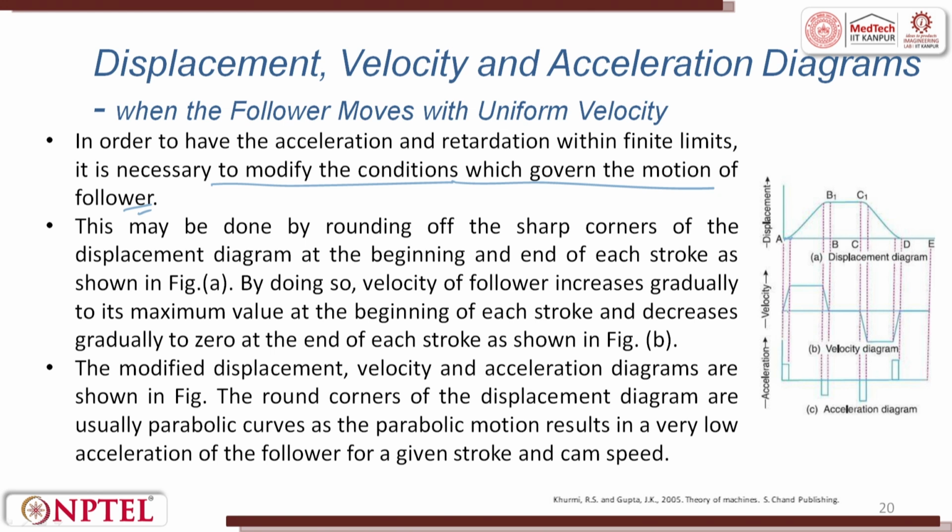During the small dwell you see the velocity increases, and then it rises from A to B, then the velocity is uniform, a straight line. Then from B to B1 there is a deceleration, then you continue to be flat, then again it comes down. So, you have a deceleration on the negative side, flat, then increase. This is called the velocity diagram.